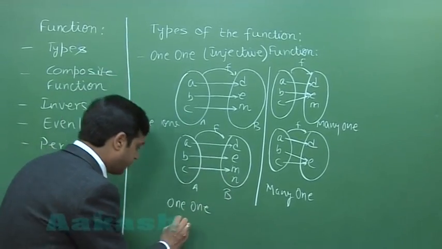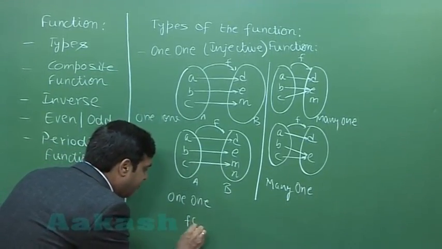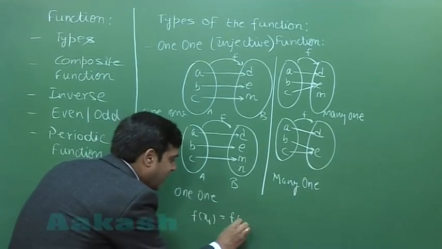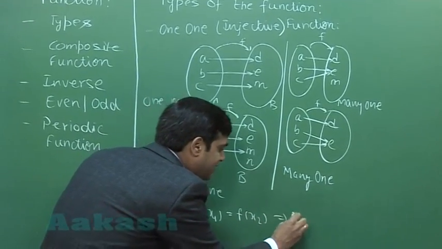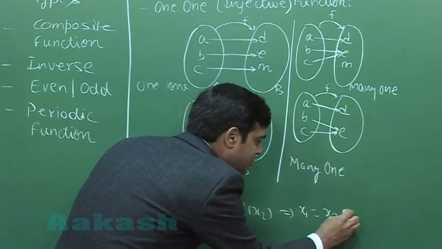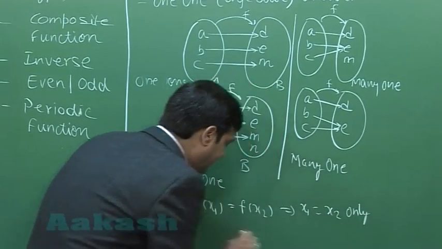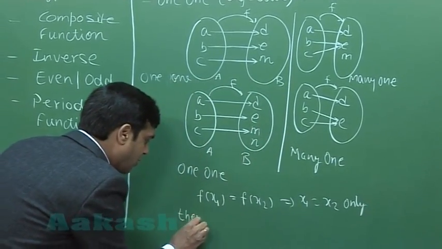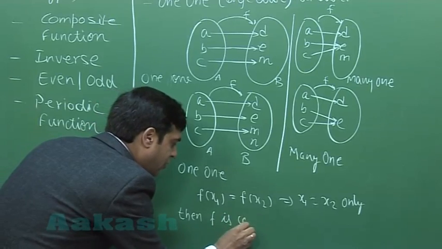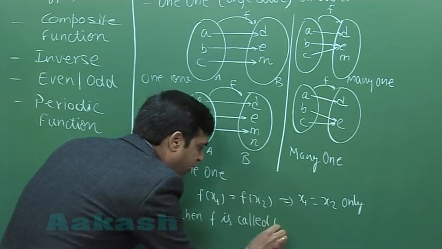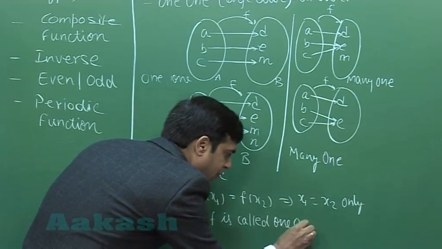Now let's put it in terms of equation. How we check it? f(x1) equals f(x2) implies that x1 equals x2 only. Then f is called one-one function.